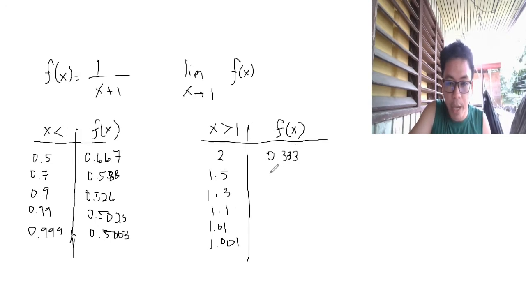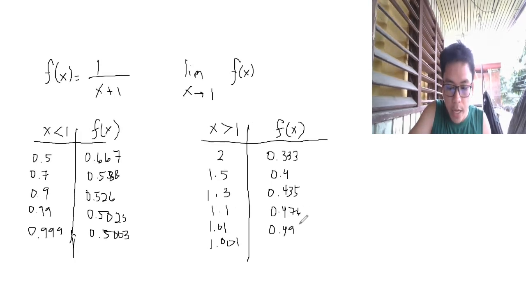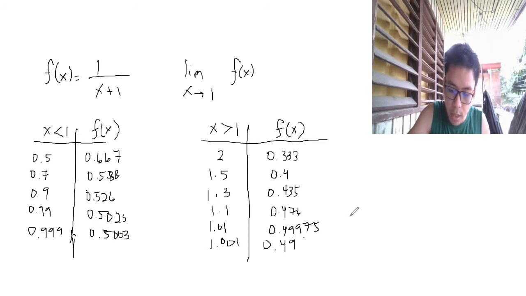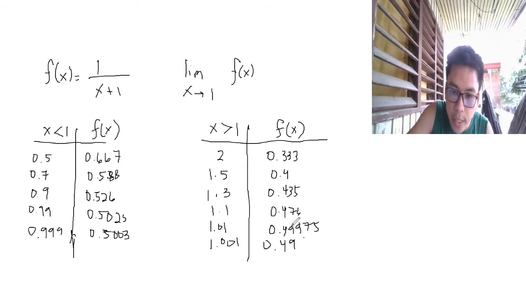When it's 1.5, it's 0.4. Then 0.435, then 0.476, then 0.49975. And I would get, sorry, it should be 0.4975 here.